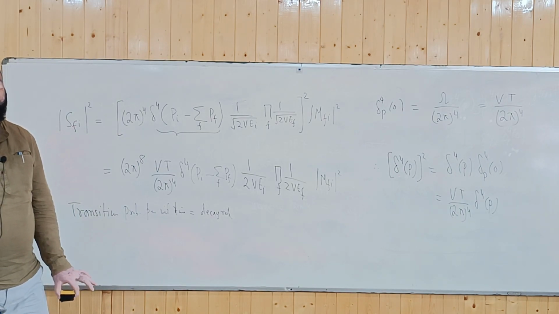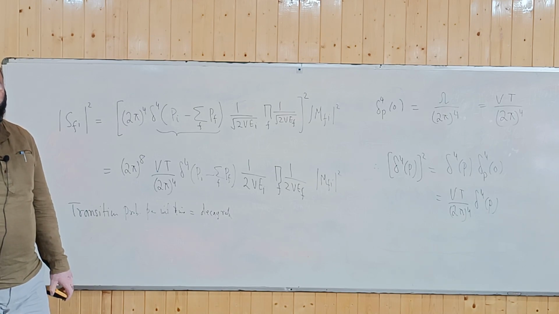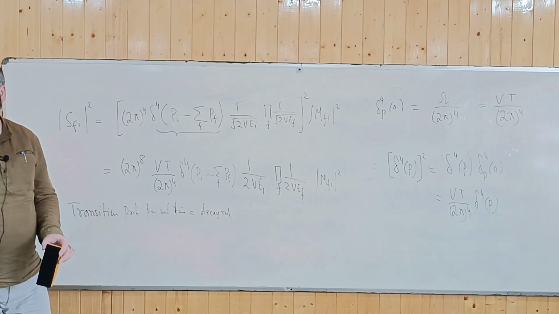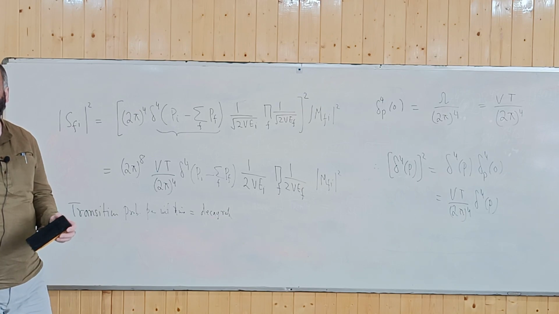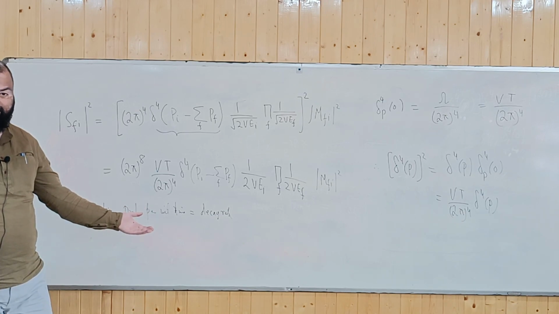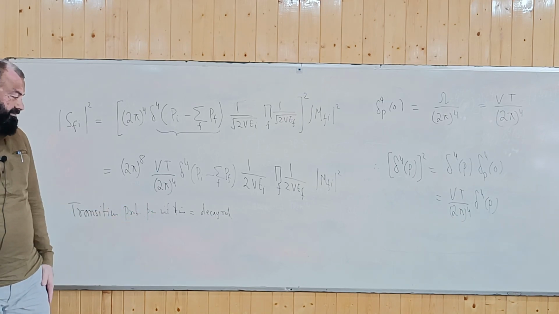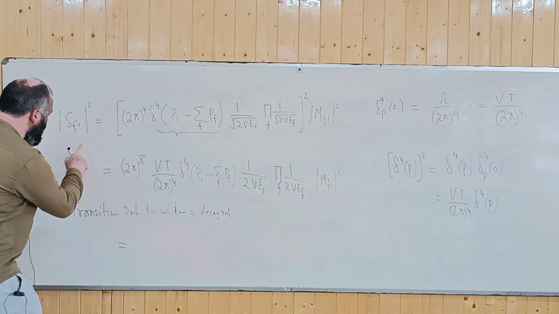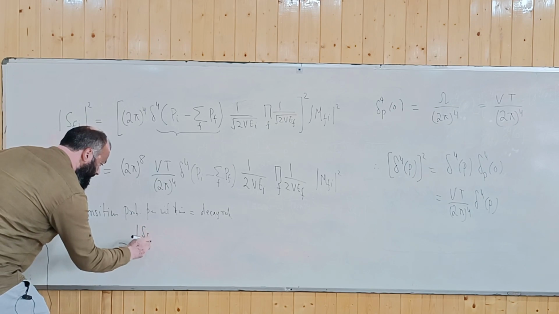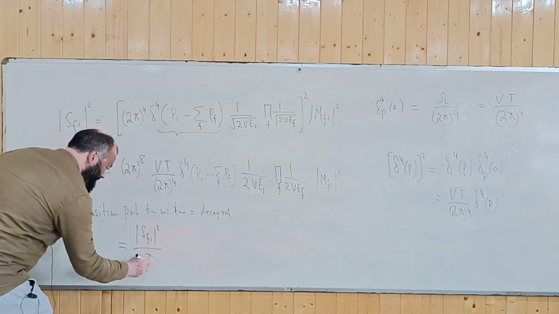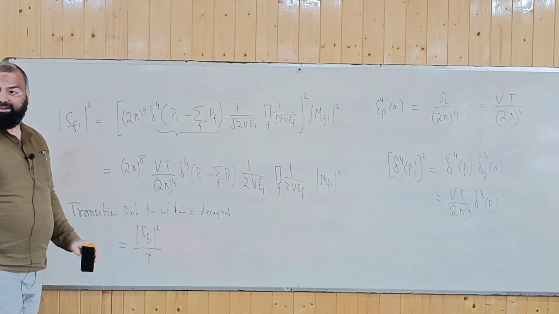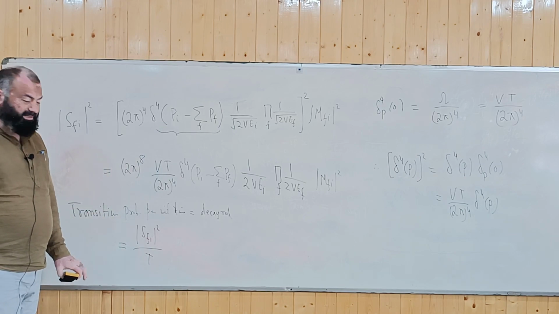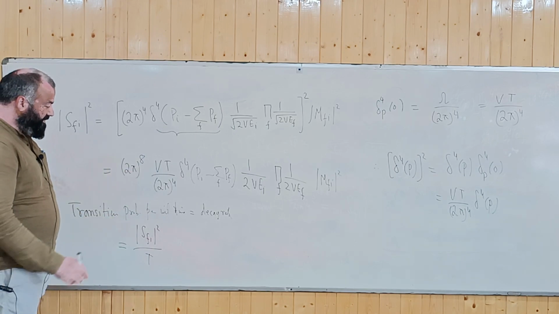So if you take the transition probability per unit time of a particle moving from initial state i to the final state f, that will give me a decay rate. That is simply equal to this mod of S_fi squared divided by this T. Someone now tell me what we get from here.